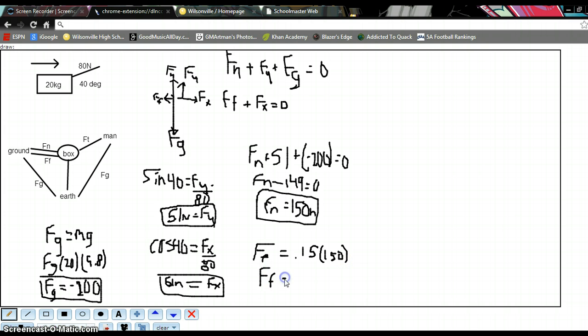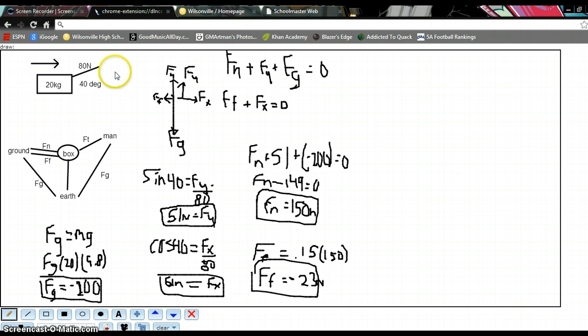When you multiply those together, we would get 23, but it's negative because it's going to the left. It would be negative 23 newtons.